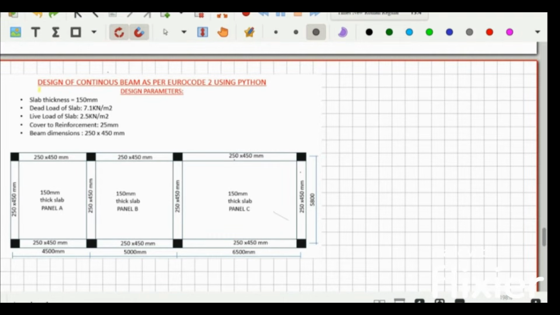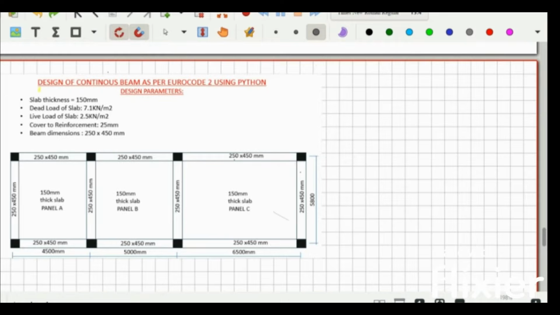The live load is 2.5 kilonewton per square meter. The cover to reinforcement we'll be using is 25 mm, and the beam dimensions, as I mentioned earlier on, is 250 by 450 mm.